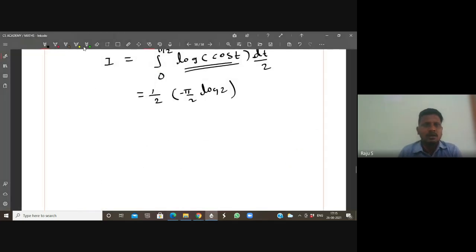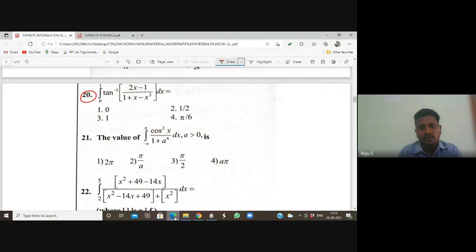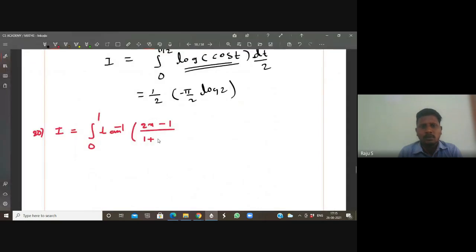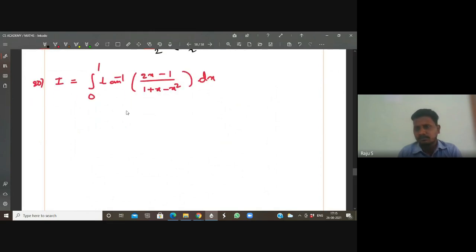Take I is equal to integral 0 to 1 tan inverse of (2x minus 1) by (1 plus x minus x square) dx. Got it? See, there is a formula. Can anyone tell what the formula is for tan inverse x plus tan inverse y? It is equal to tan inverse of (x plus y) by (1 minus xy).